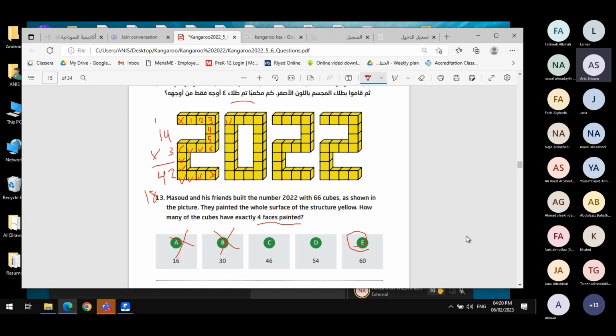So in order to have this condition, 4 faces painted, that cube must be connected with 2 cubes. So this one is connected to 1 cube only, so it's going to have 5 faces. This one has 4 faces because it's connected to 2 cubes. So you can imagine, or you can work with mathematics. It doesn't matter which one is easier for you to understand. You can use it.